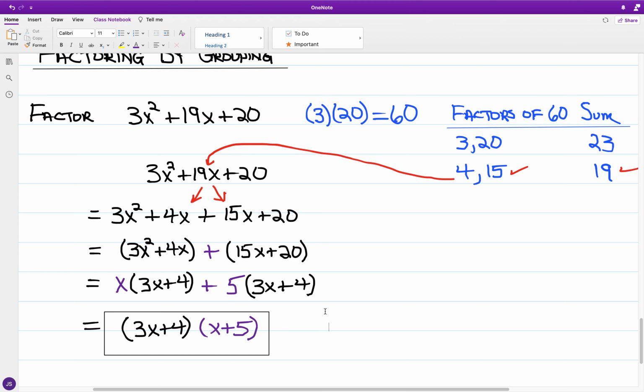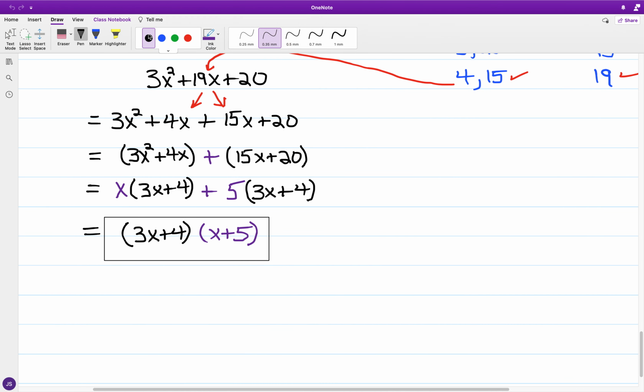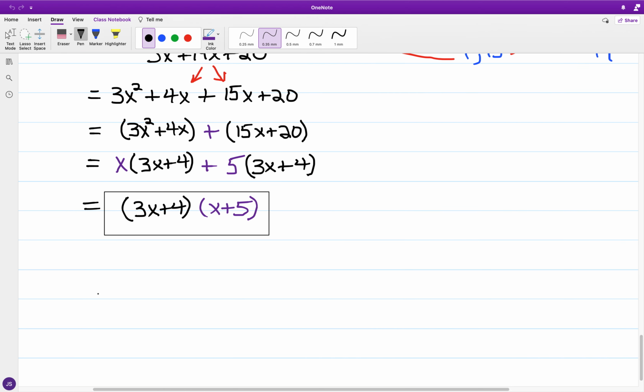And now, another case of what we have with factoring by grouping. We'll say that we have a negative term in the middle. So you have 10x squared minus 23x plus 6.